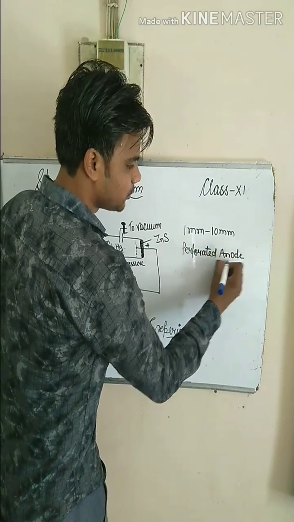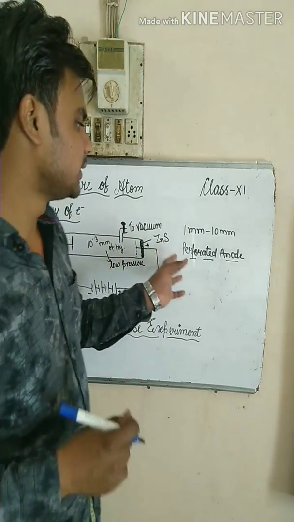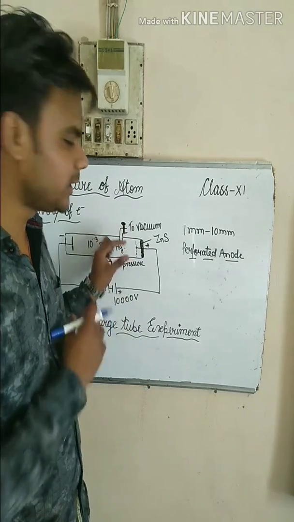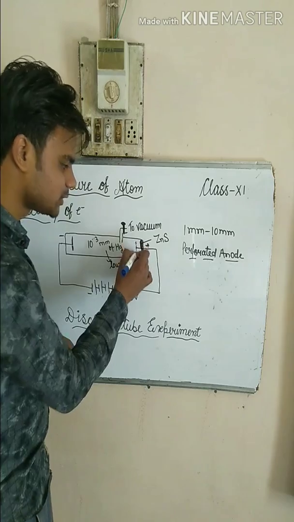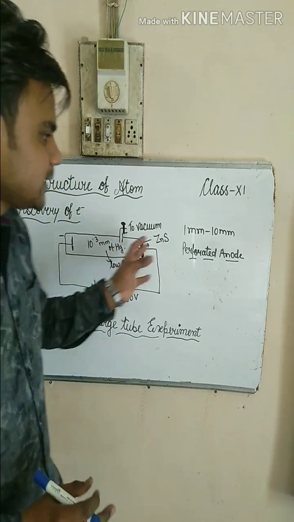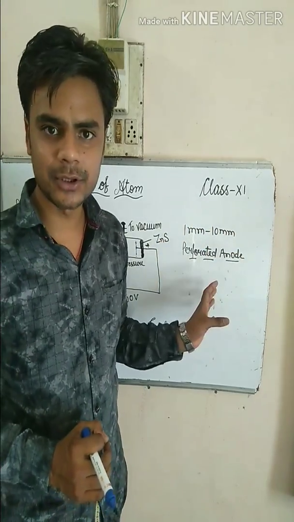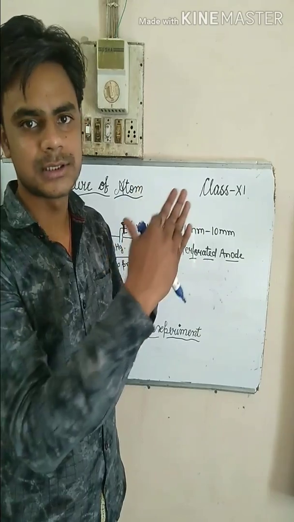What is a perforated anode? It is a type of anode, an electrode, in which some pores or holes are there. Now why are these holes made? First, what is a perforated anode? It is a type of anode rod which has some holes.